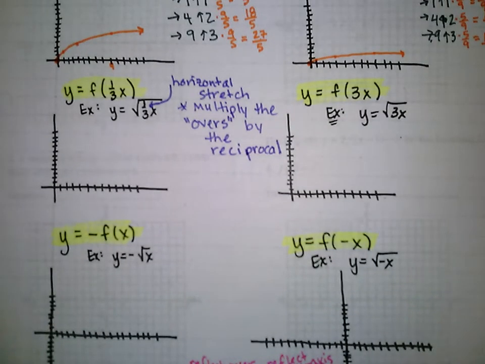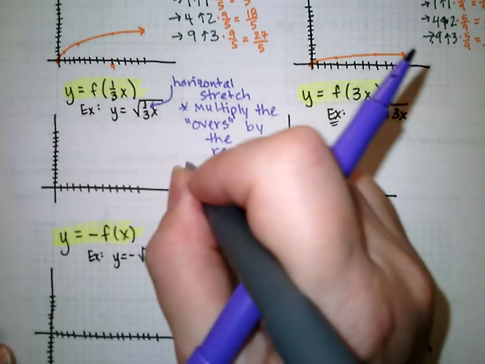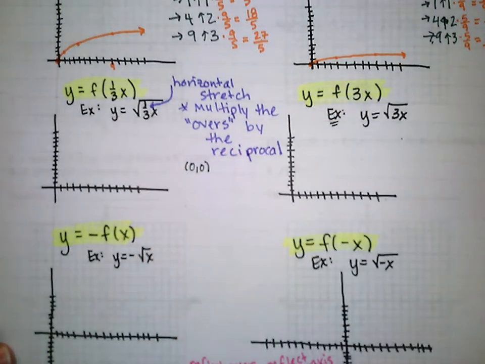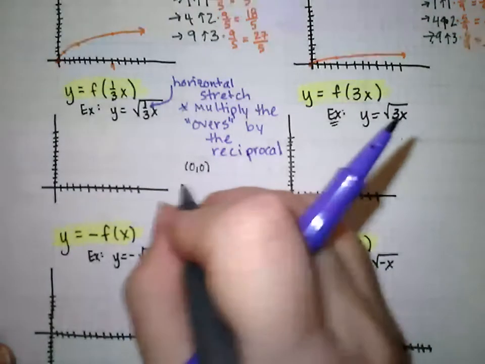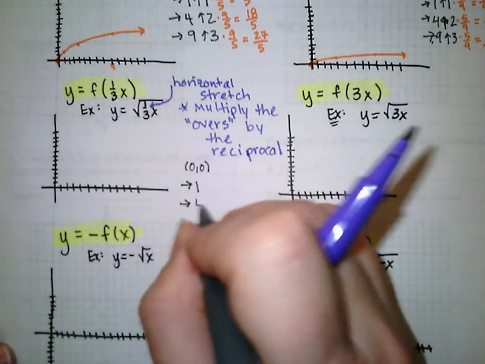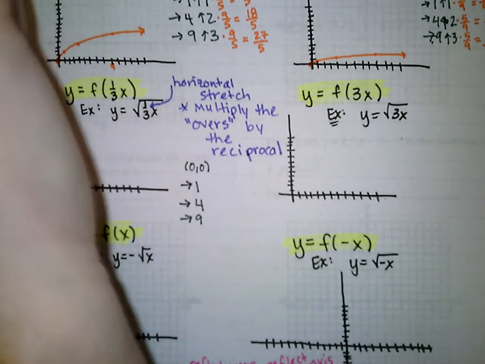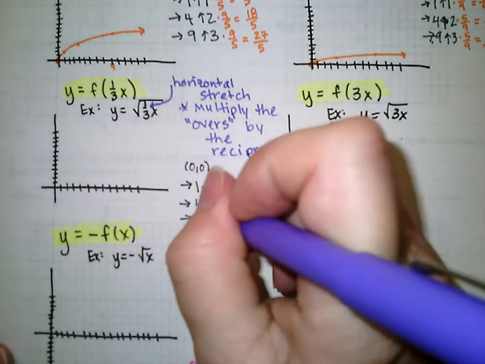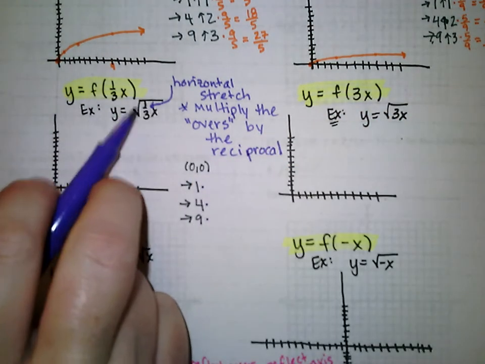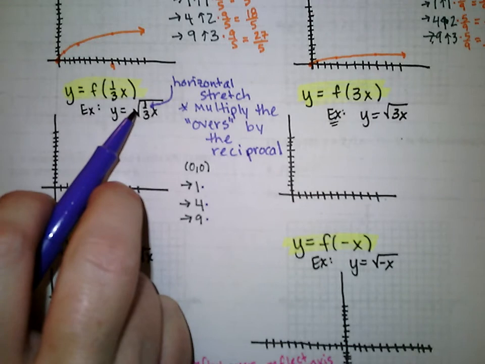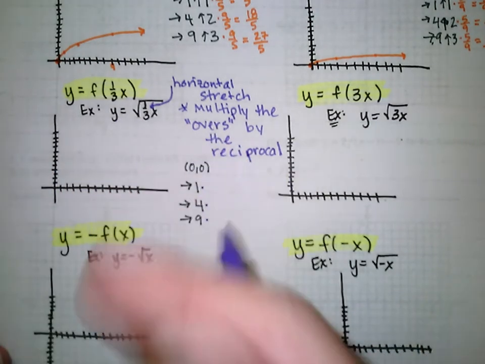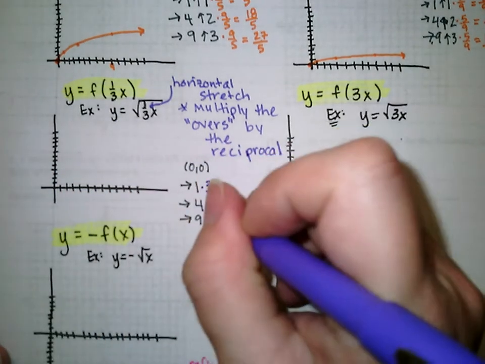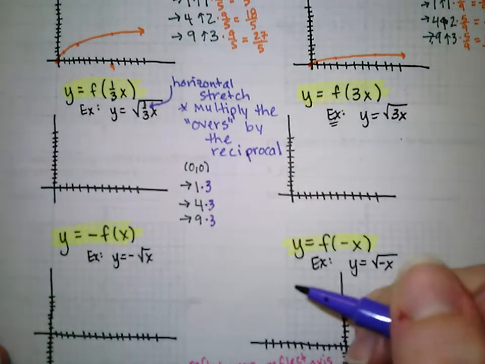Now that's not going to affect our starting value, so our starting point is still going to be 0, 0. But this time, when I go over 1, over 4, over 9, I'm going to multiply those overs by the reciprocal of 1/3. So that turns my 1/3, flips it upside down, makes it a 3. So I'm doing times 3 on each of these.